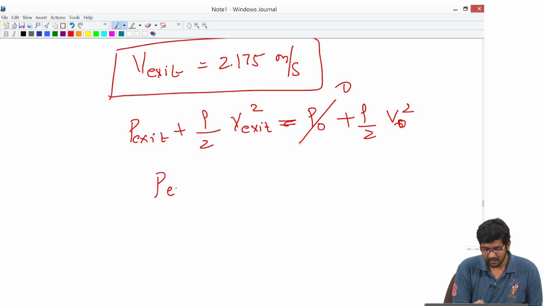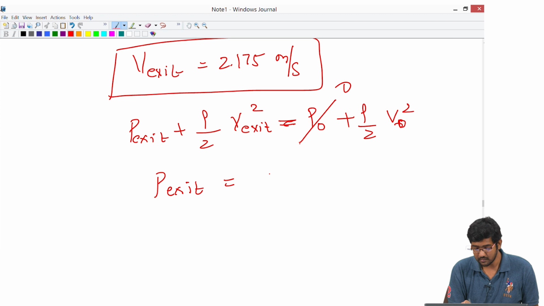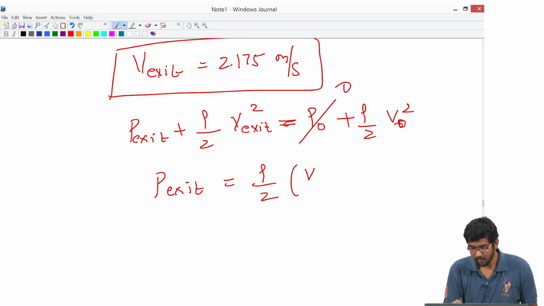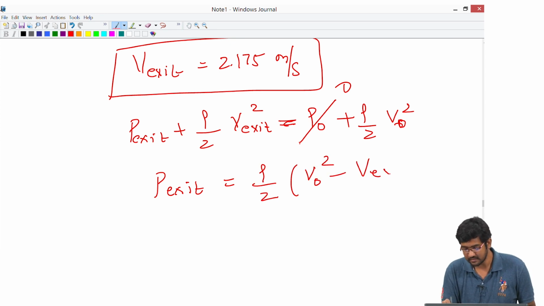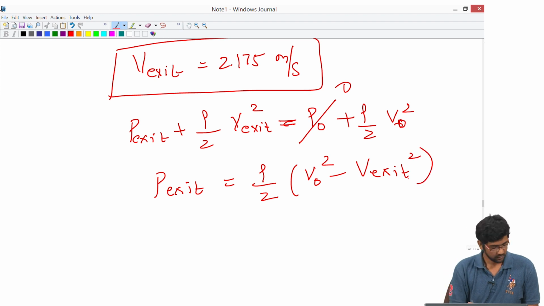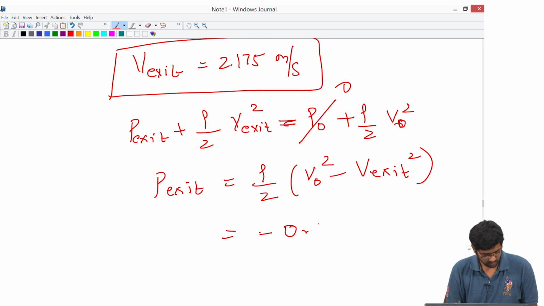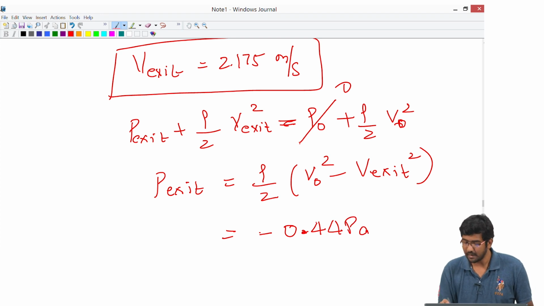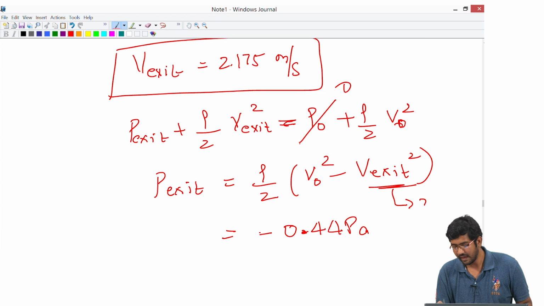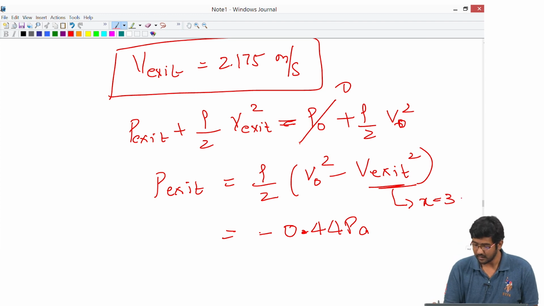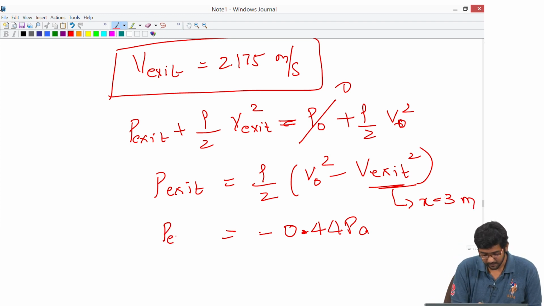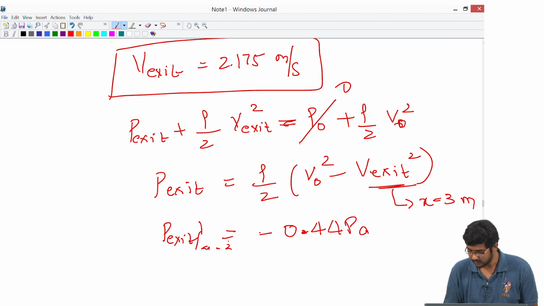So, what we can get is P exit, which is rho by 2 times V inlet square minus V exit square. So, this will be around 0.44 pascals. You should remember that this V exit corresponds to x equals 3 meters. Therefore, this P exit corresponds to x equal to 3 meters.